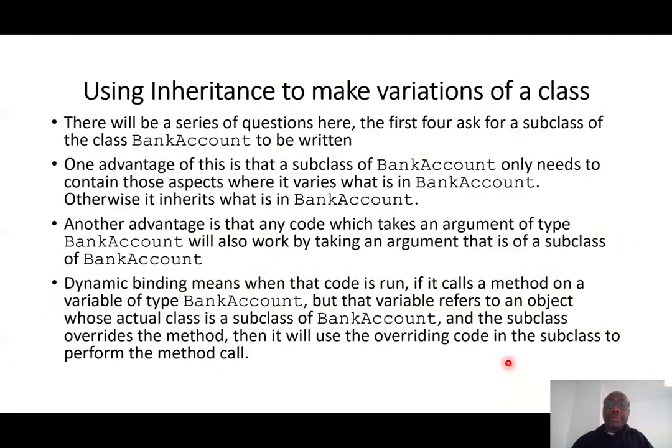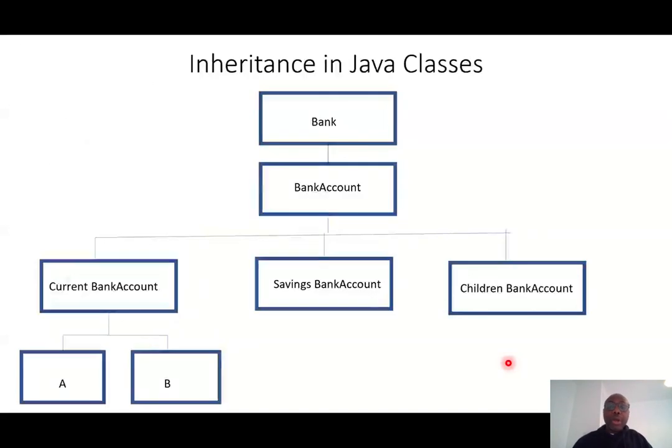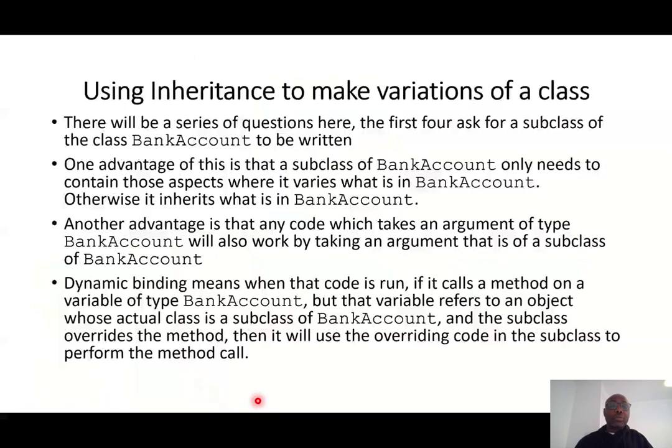Using inheritance to make variations of a class. Let's go back to our diagram. You want current account and savings account to be different from bank account, and A and B to be different, to have some special things. That is what we mean.